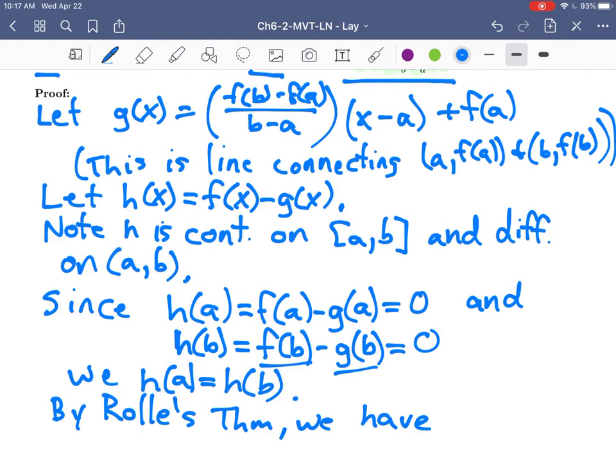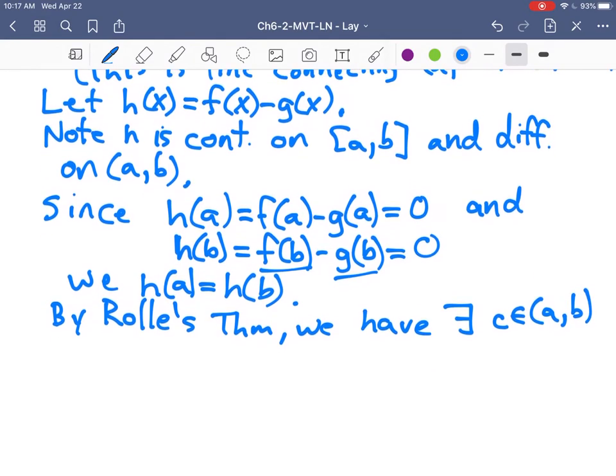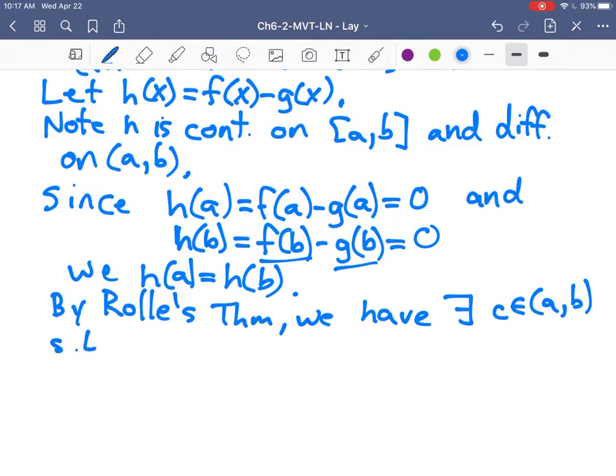So by Rolle's theorem, we have a point, there exists a c in the open interval from a to b, such that h prime of c is equal to 0.